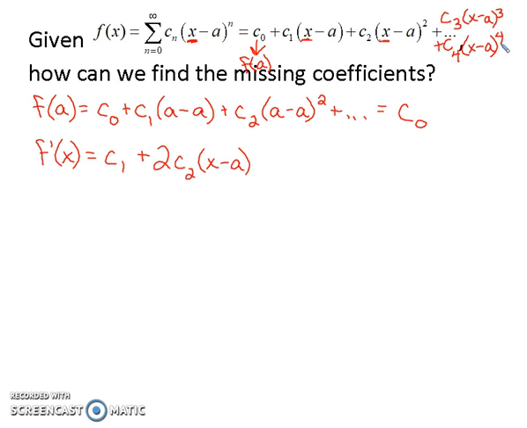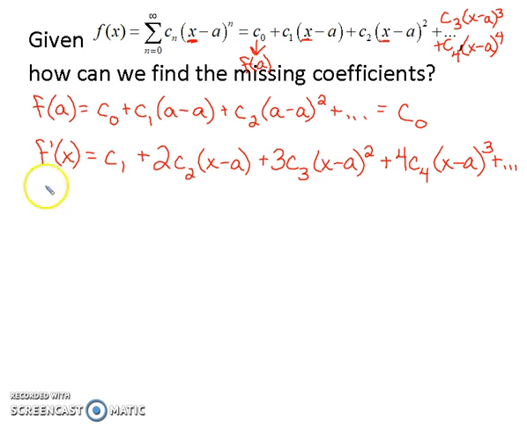So that means the next term would be 3c sub 3 times x minus a squared, and then plus 4c sub 4 times x minus a cubed. And so that would become the power series for f prime of x.